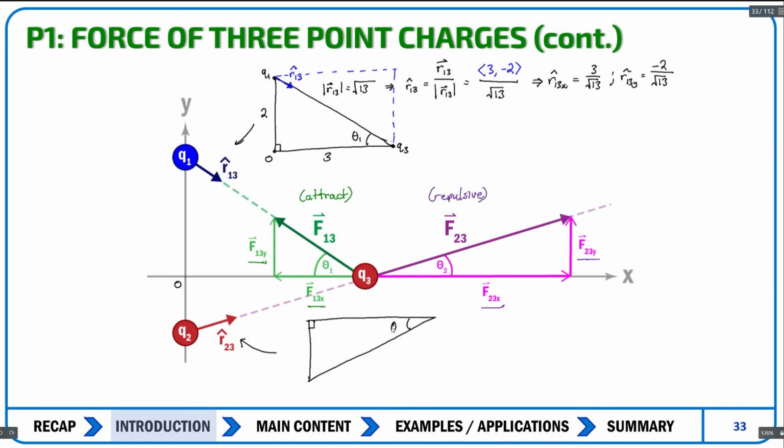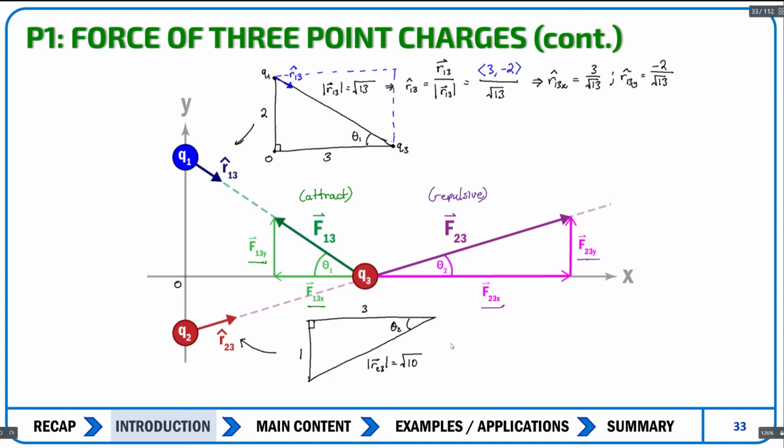I know this is going to be theta 2, the same as this angle right here. I know that this is 3. I know that this is 1. And that means I know this. The magnitude of r23 is going to be the square root of 3 squared plus 1 squared, which is the square root of 10.